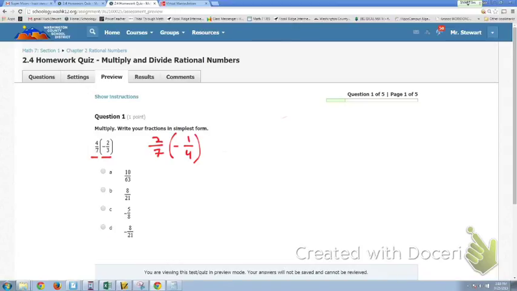Unlike adding and subtracting, when you multiply fractions, you don't need a common denominator. All you do is you multiply them straight across. And so 2 times 1 is 2. 7 times 4 is 28.